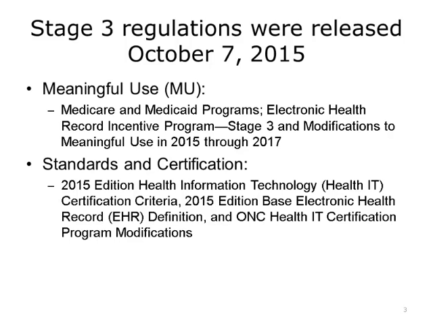The ONC 2015 certification regulation included the certification of standards-based functionality needed for Stage 3, as well as additional functionality to support other policy activities beyond MU, such as to support long-term care. The plan was that other programs outside of meaningful use will now require certified health information technology.